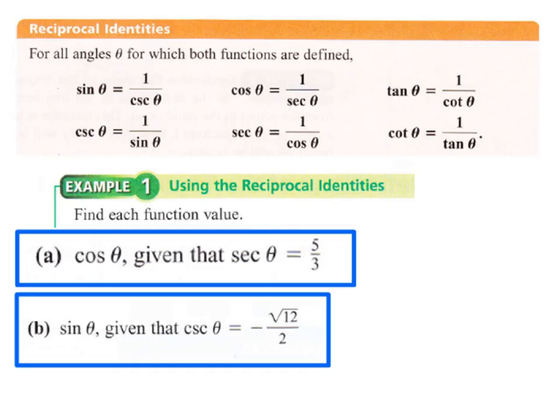So here are the reciprocal identities, and like I mentioned, if you watched the video for 14.3, I talked a bit about how the sine is the reciprocal of the cosecant. So, seeing here, sine of theta is 1 over the cosecant of theta, and cosecant of theta is 1 over the sine of theta. So really just saying that they're reciprocals of each other.